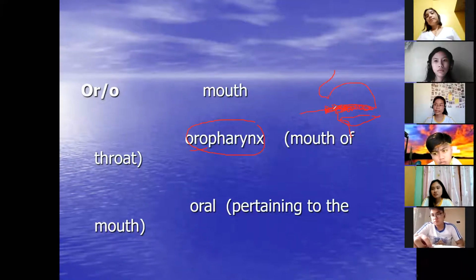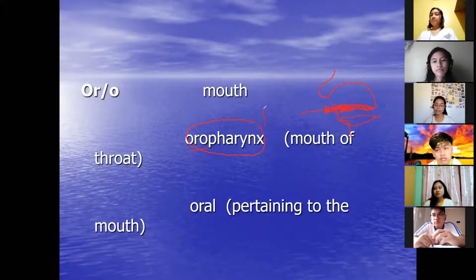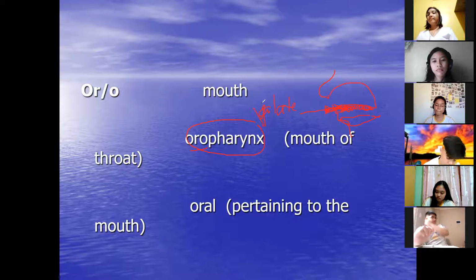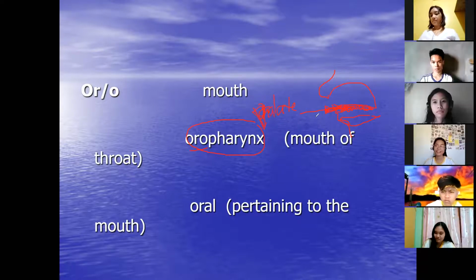You try that when you secretly eat milk powder. So that's the palate. Palate. You mention this when you buy something in the store.